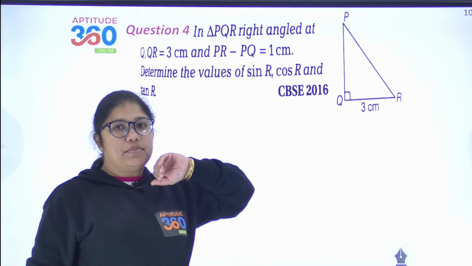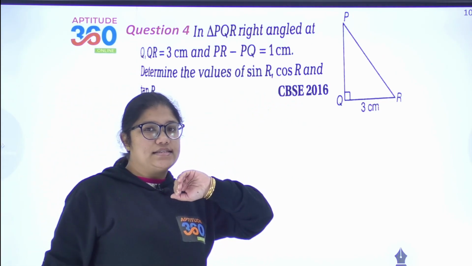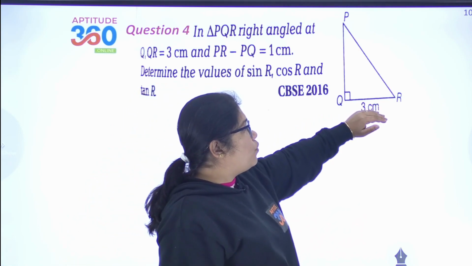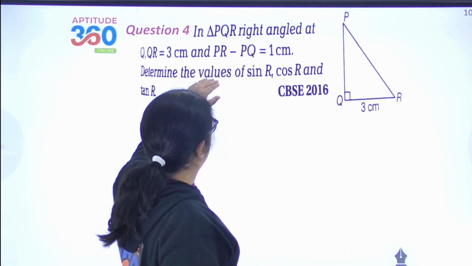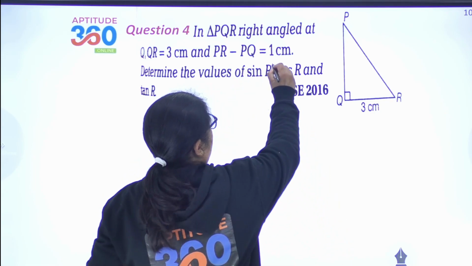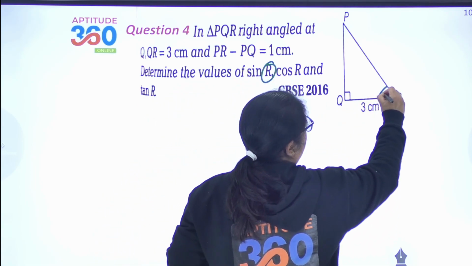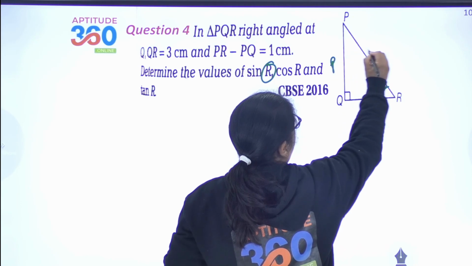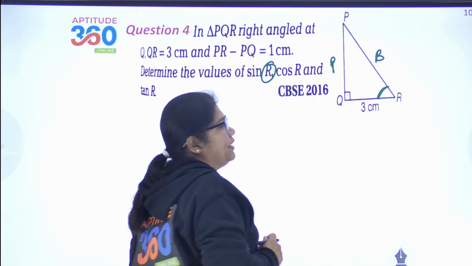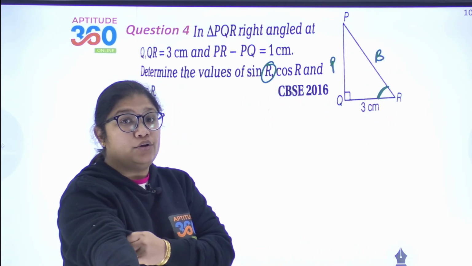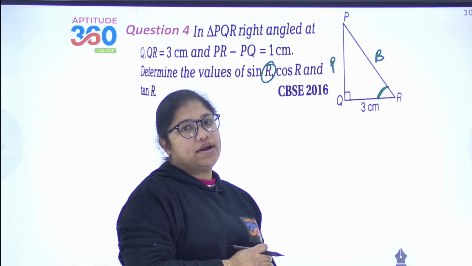This question came in your CBSE 2016 exam. Here you have got only one side and the angle of reference is your angle R. That means this is your P and this is your B. Now I do not know 2 sides of this right angle triangle.